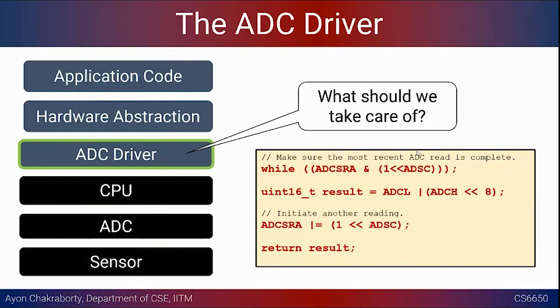I want to have this answer from some of you. Because we are talking about IoT systems and embedded systems, which do not have a lot of resources, you want to maximize the amount of data you are reading from sensors, and then what? Anything else that occurs to you that you should take care of?